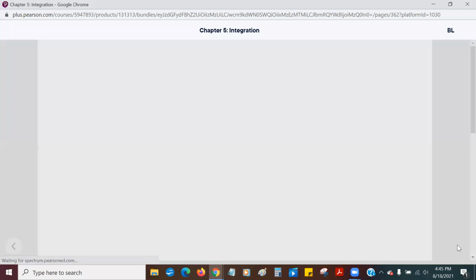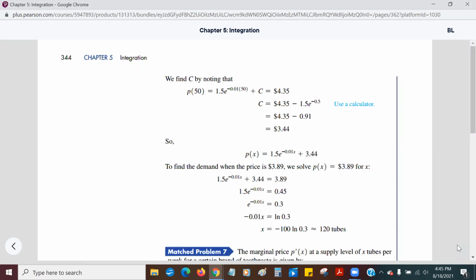So what I'm going to do now is find c by plugging 50 in for x, and we know that p of x is equal to 4.35, and we crunch, and we get that c is equal to 3.44. And we're using a calculator for all this.